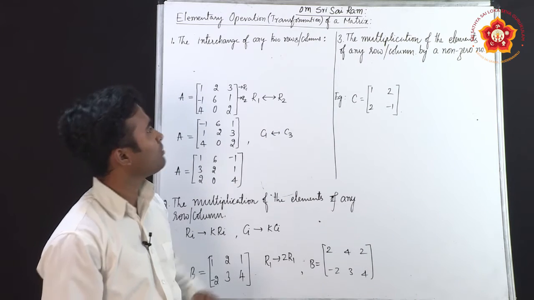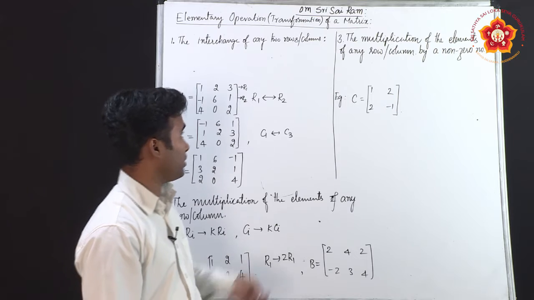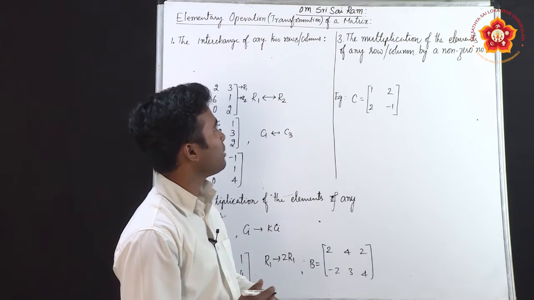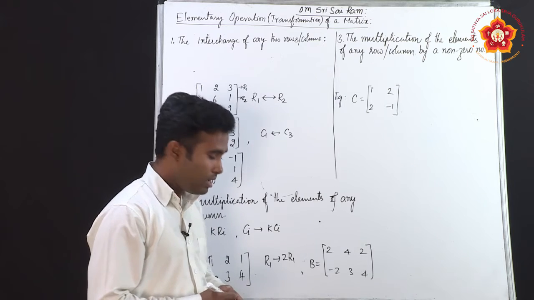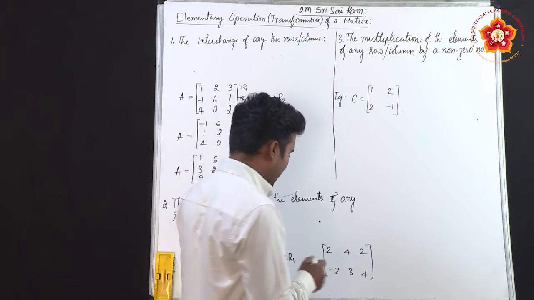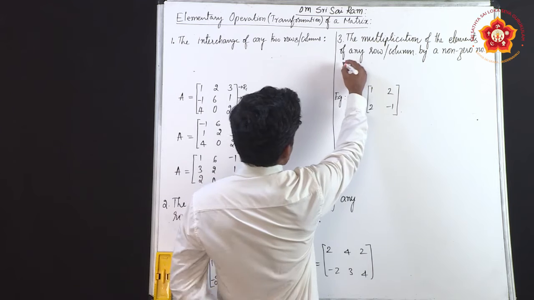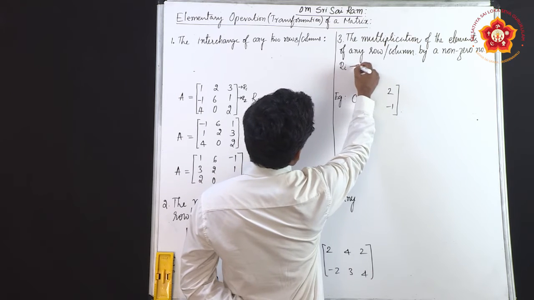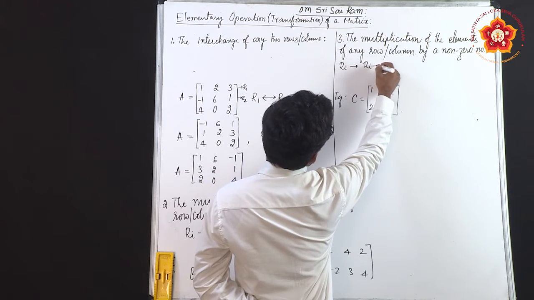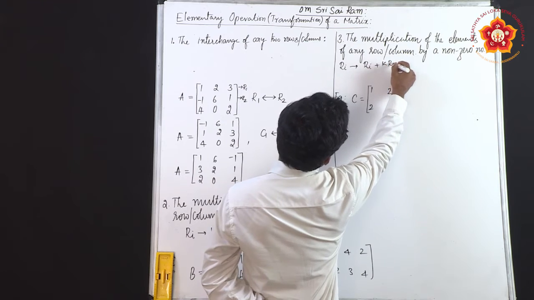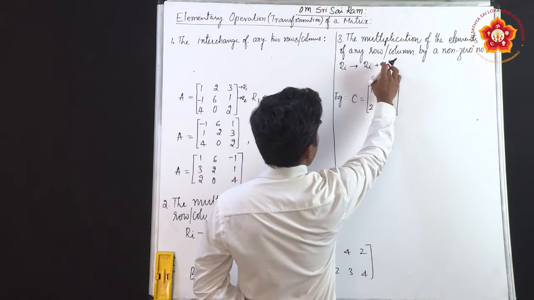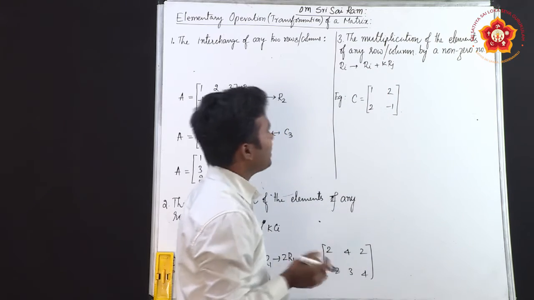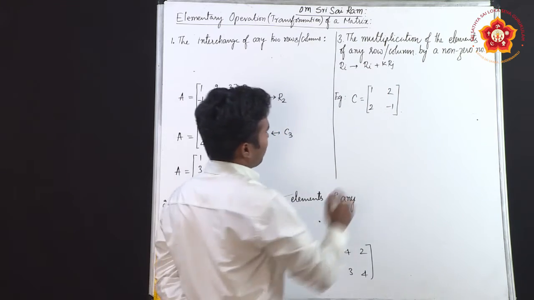And one of the most fundamental operations is this one: adding to the elements of any row or column a non-zero multiple of another, which can be symbolically represented as, for example, the ith row Ri becomes Ri plus k times the jth row Rj. That means we are adding Ri and Rj with a scalar multiplication of the jth row.